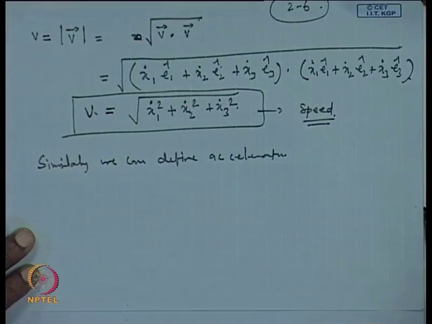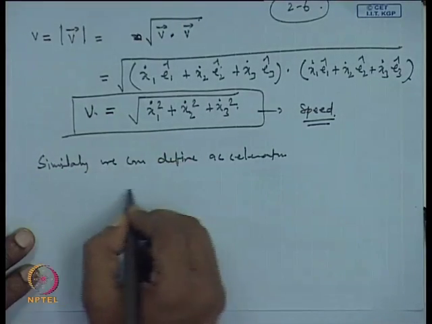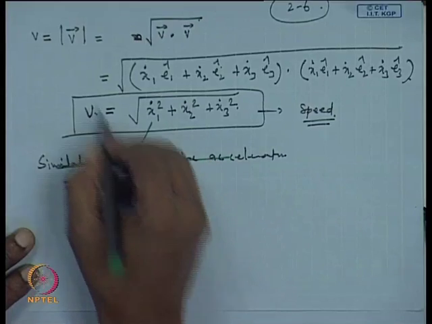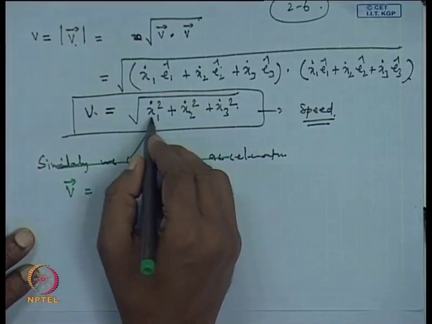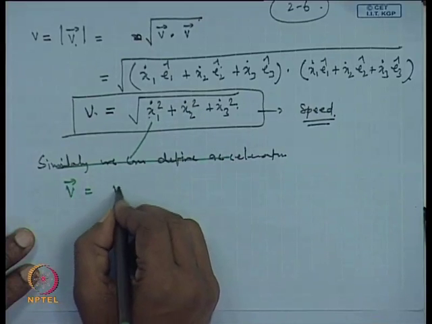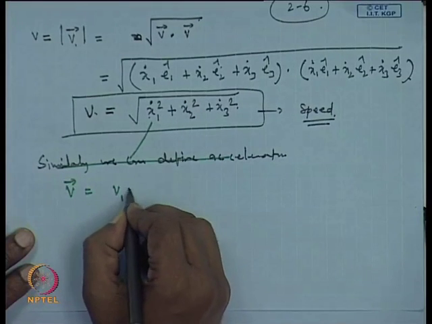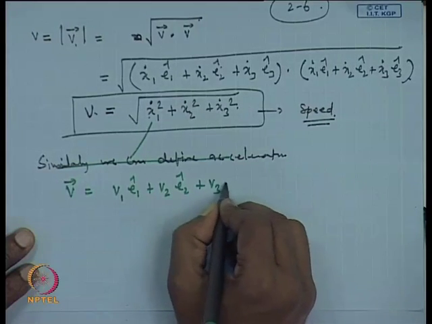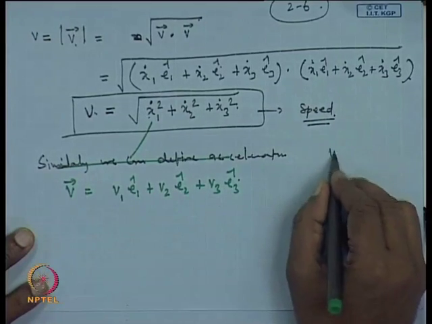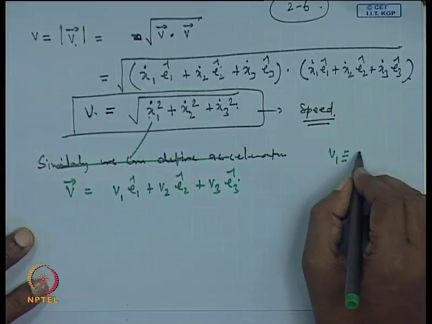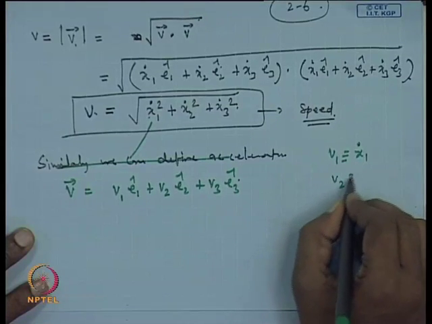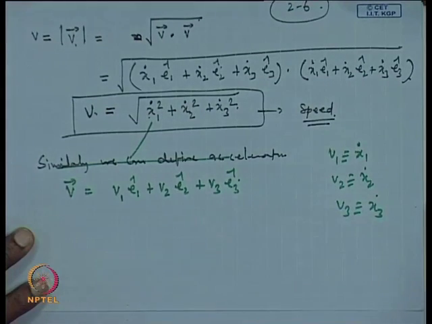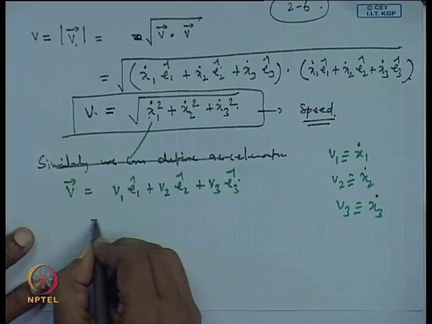Okay. To conclude this, we can write this V, instead of writing in terms of x 1 dot, we can also write in terms of V 1 E 1 cap plus V 2 E 2 cap plus V 3 E 3 cap, okay, where V 1 is identical to x 1 dot, V 2 is identical to x 2 dot, and V 3 is identical to x 3 dot.